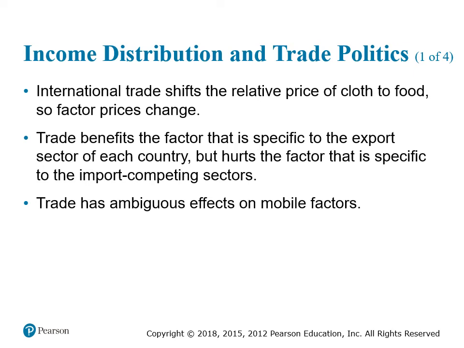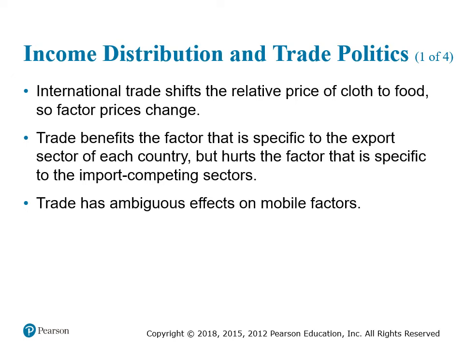To put it in our example, assume that cloth is being exported after opening up to trade. That means the owner of the capital will be positively affected. Why? Because the price of cloth has now risen after engaging in international trade.